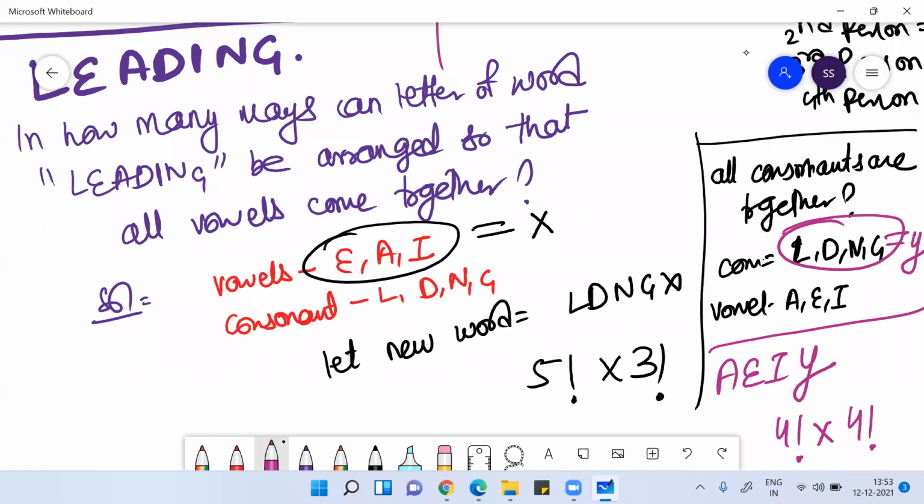So in how many ways can I arrange the letters of the word LEADING such that all vowels are together? That would be 5 factorial into 3 factorial. If I ask you in how many ways such that all consonants are together, that would be 4 factorial into 4 factorial.